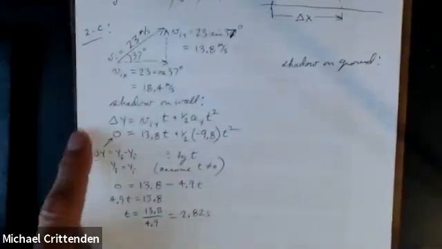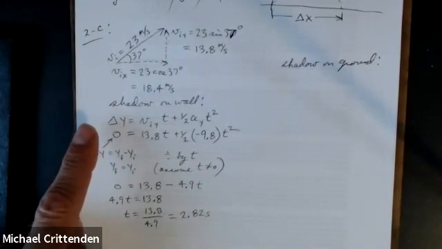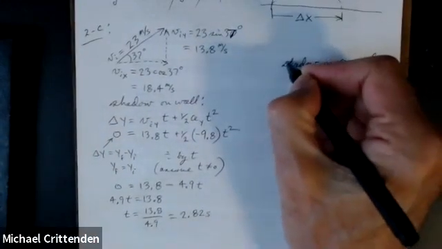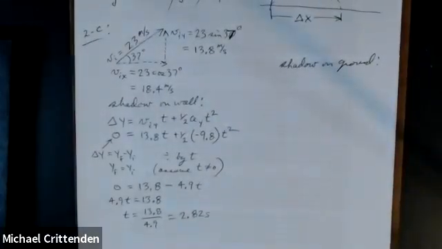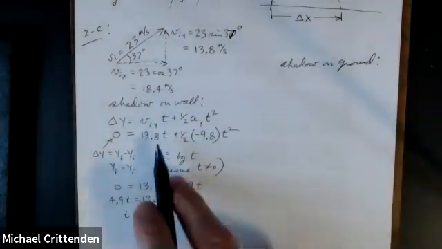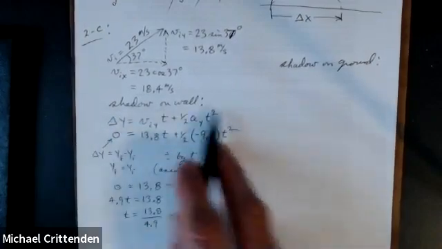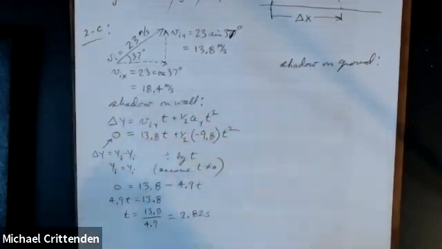So, having written one equation for the shadow on the wall, let's write another equation for the shadow on the ground, which is going to be just distance equals velocity times time. And there's actually a couple of ways of getting that. I mentioned one a few minutes ago. Another way to look at it that takes you to the same place is just keep thinking in terms of this equation here.